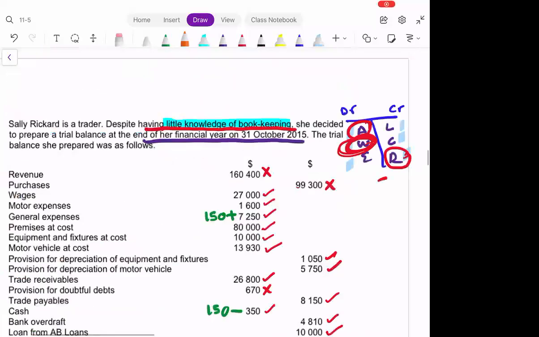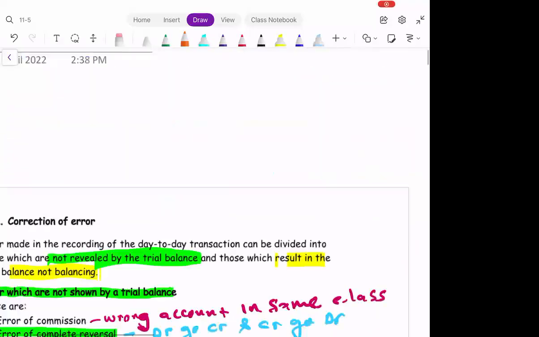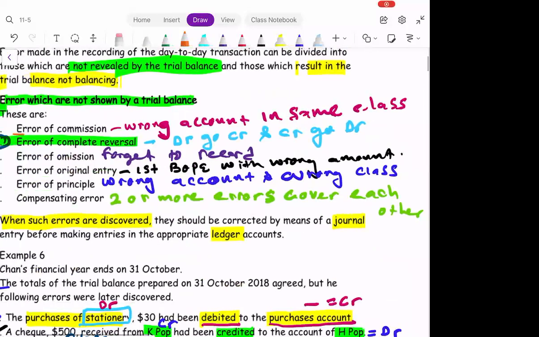Do you remember? Can you go to the first page? Error of commission is actually a wrong account in the same class. Now it's a wrong account, but is it the same class? It's an expense, but you recorded it as an asset. So it's the wrong account, wrong class.